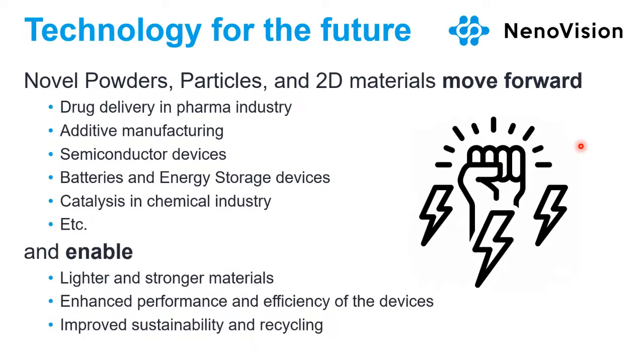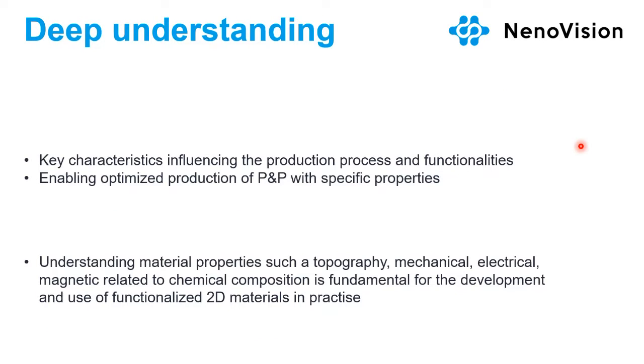The proper understanding and improvement of the smaller particles or the adhesion of particles into one compound can enable us to have lighter and stronger materials and enhance the performance and efficiency of the devices. Deep understanding is very important, for instance, in production processes and functionalities of powders and particles in different fields. And if we understand it well, we can optimize the production.